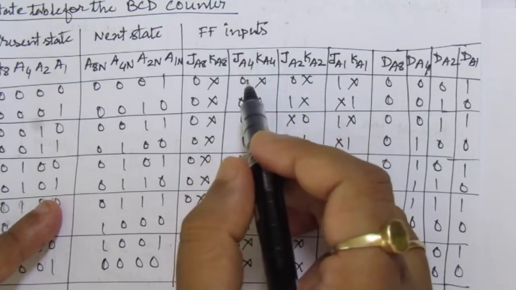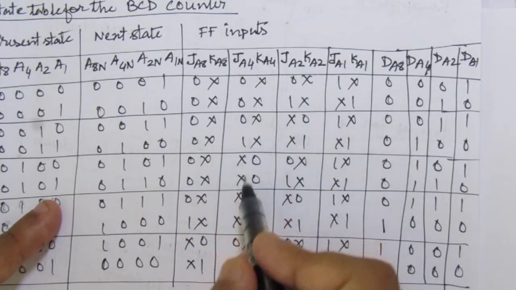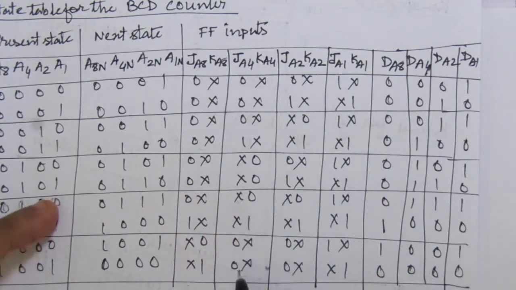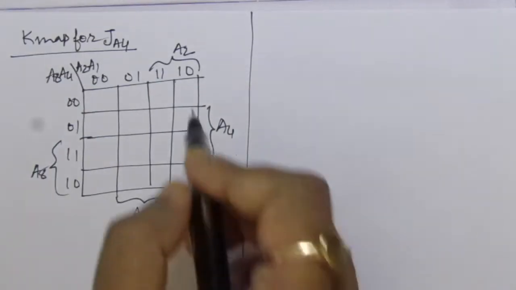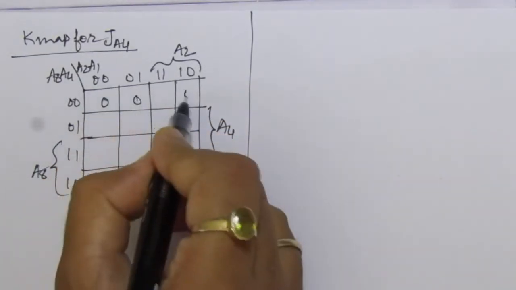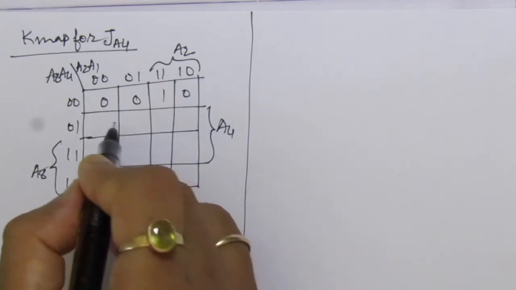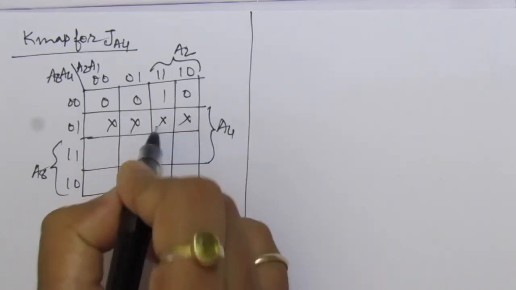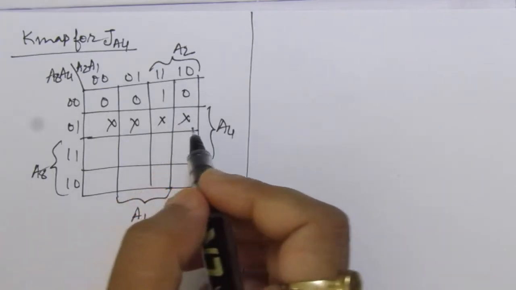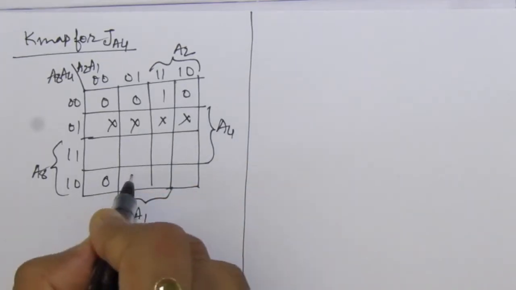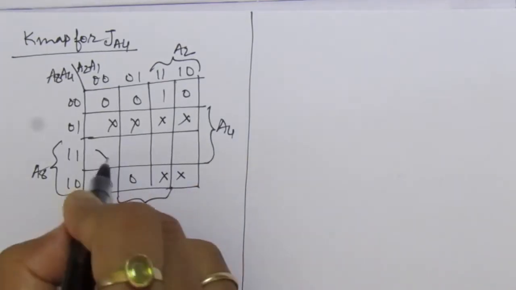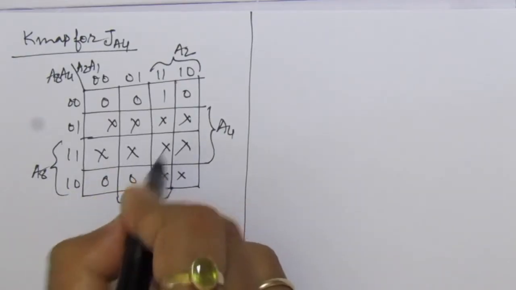So for JA4, the values are 0 0 0 1, then don't care, don't care, don't care, don't care, 0 0. So let us put these values 0 0 0 1. Then we have don't care, don't care, don't care, don't care. Next we have 0 and 0, 0 and 0.